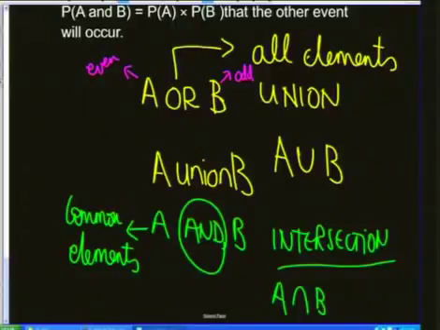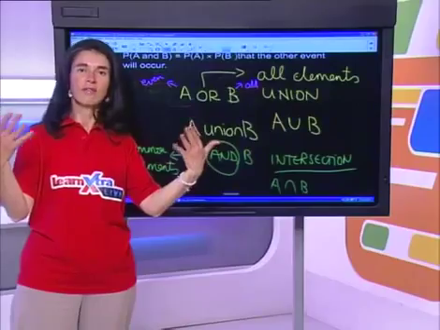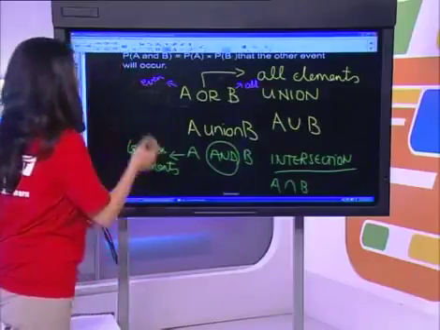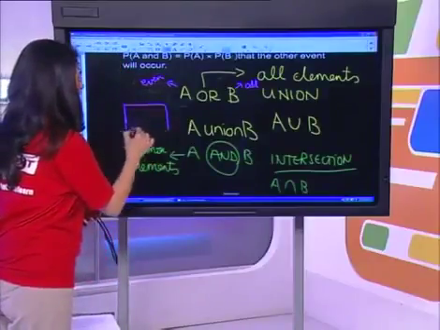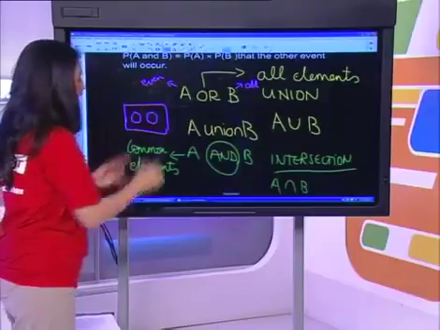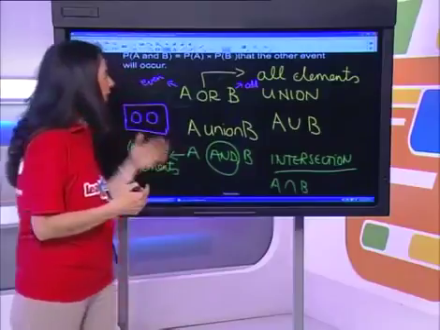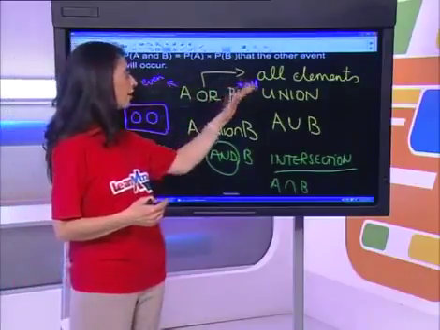But the intersection of the two sets wouldn't exist because I don't have overlapping numbers that can both be even and odd at the same time. So if I was going to write my even numbers here and my odd numbers there, I would not get an intersection.